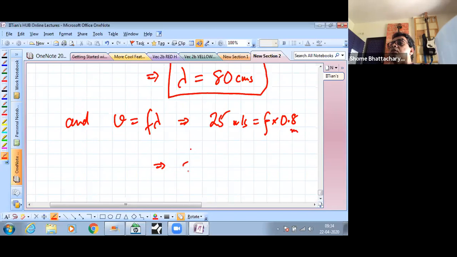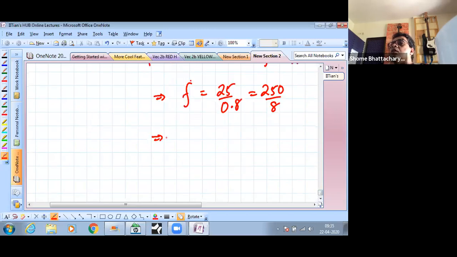So the frequency is becoming how much? It is becoming 25 upon 0.8 or 250 by 8. So the frequency is becoming whatever. Okay.